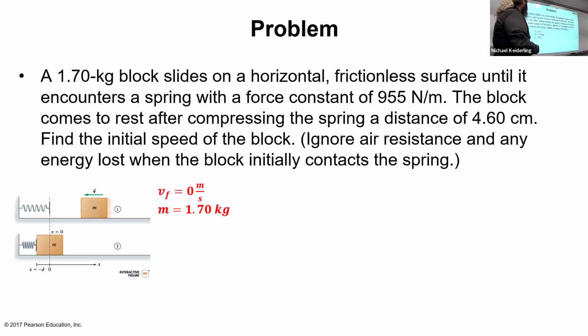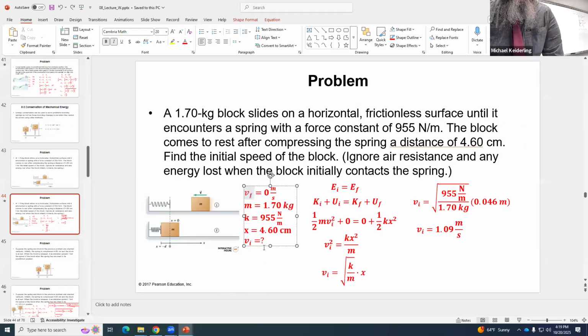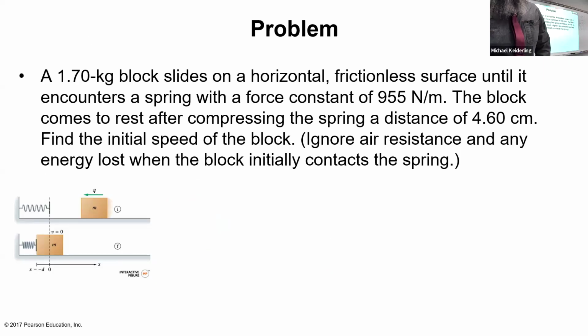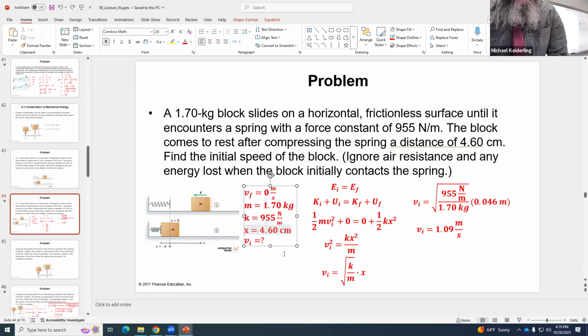Our mass is 1.7 kilograms. K is 955 newtons per meter. Our x is 4.6 centimeters. Actually, it would be negative 4.6 centimeters. Oops. Wait, no, this works.